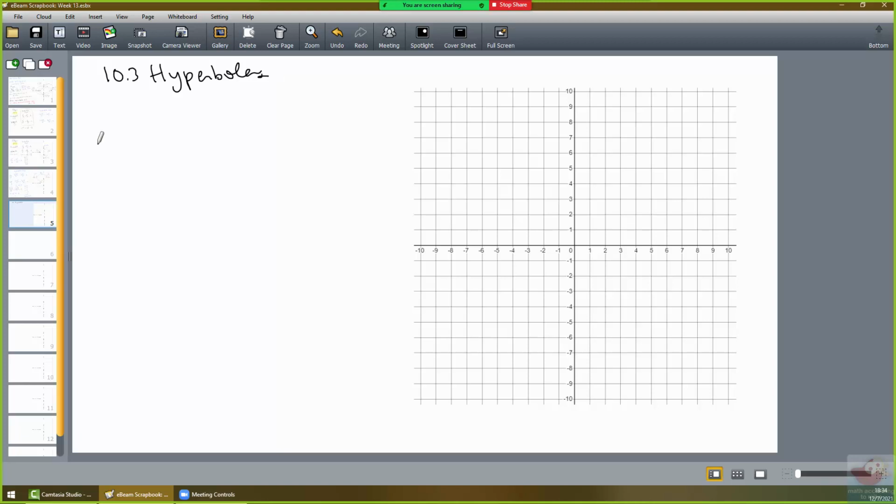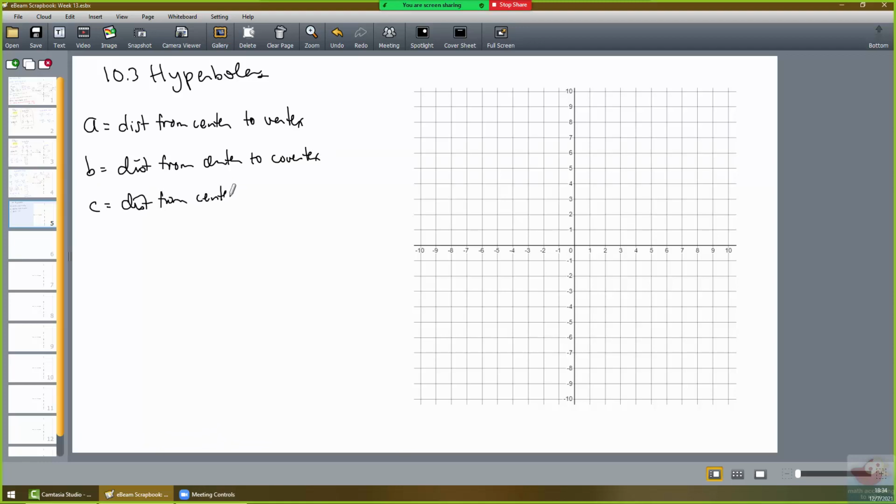So we have similar definitions as with 10.2. a again is the distance from the center to the vertex. b is still the distance from the center to the co-vertex. And c is the distance from the center to the foci.